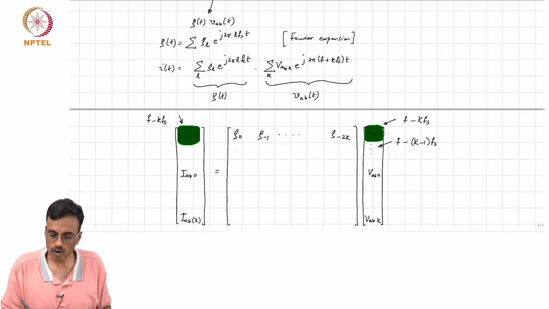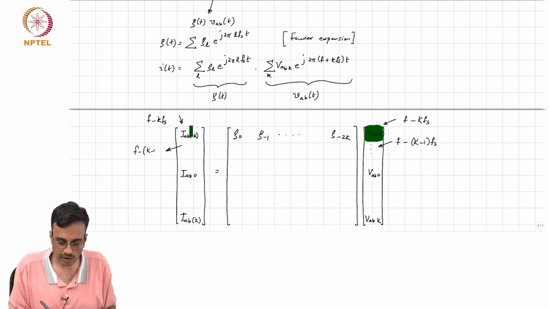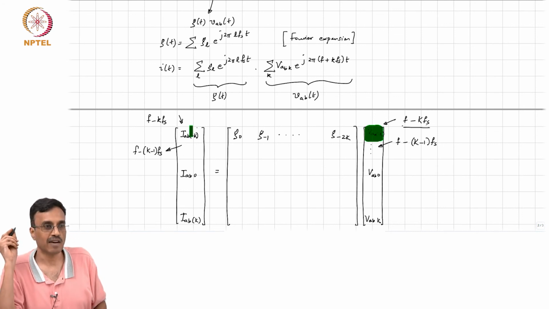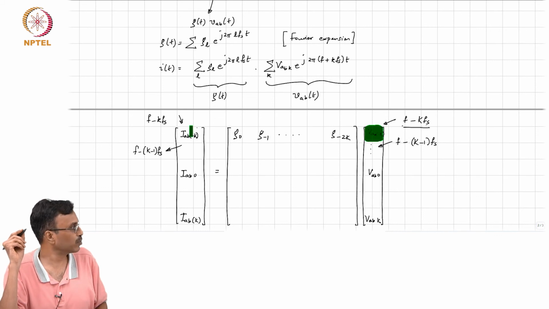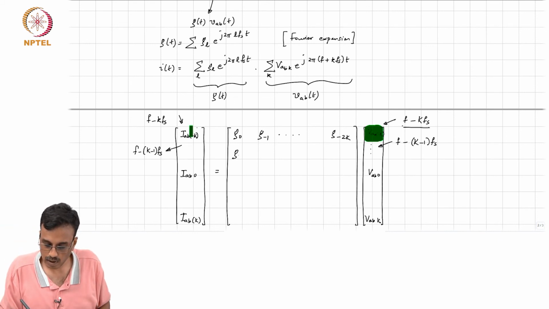Okay, let's go to the second row. What comment can you make? The second entry there would have a frequency of F minus K minus 1 times Fs, and this is F minus KFs. Is the output frequency greater than the input frequency? So what should we have? G plus 1, right?